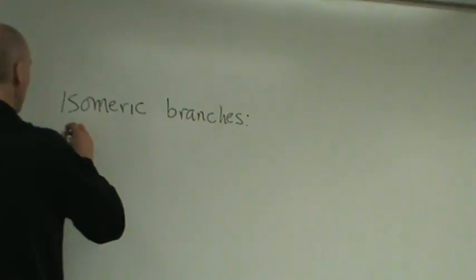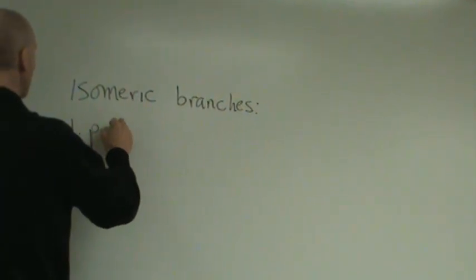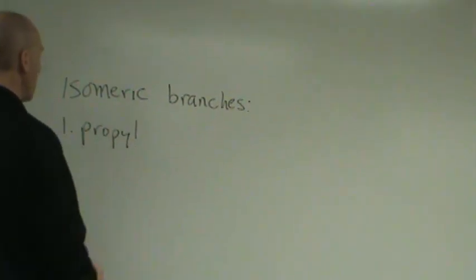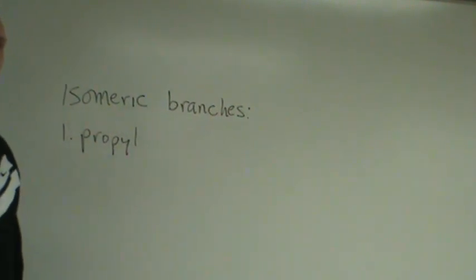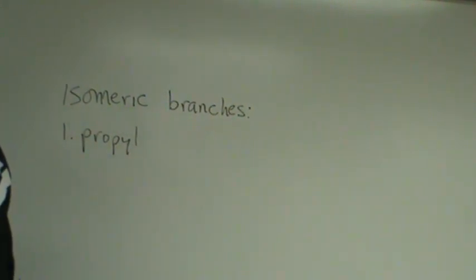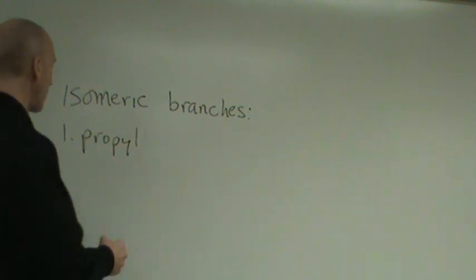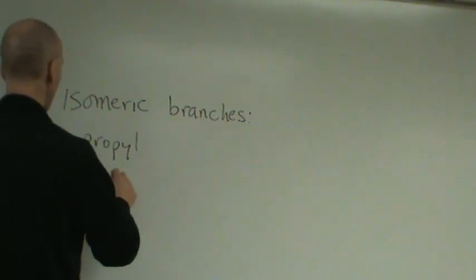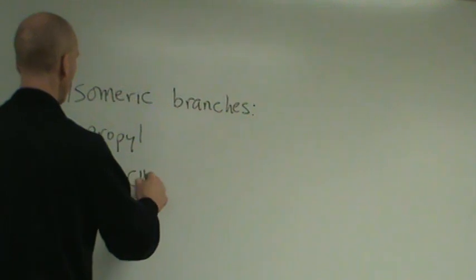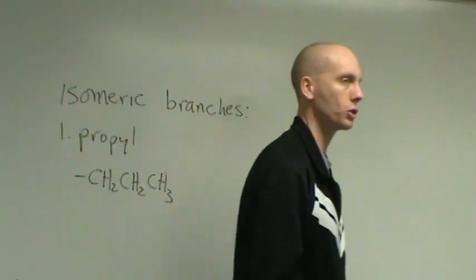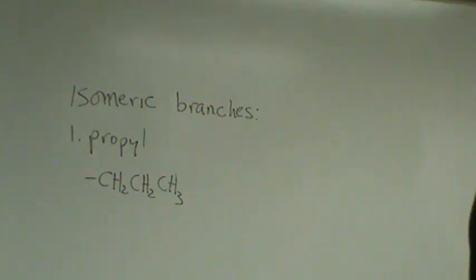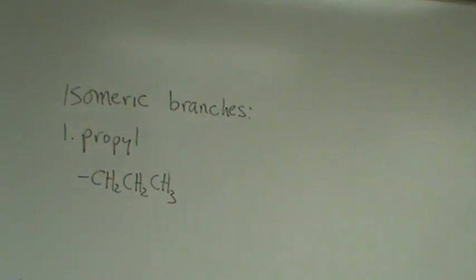Let's look at the first one. If, for example, you had a propyl group. How many carbons is a propyl branch? 3. So one way is to just have 3 carbons there, just sticking off whatever parent chain you might have.